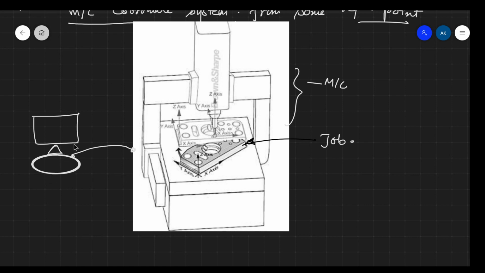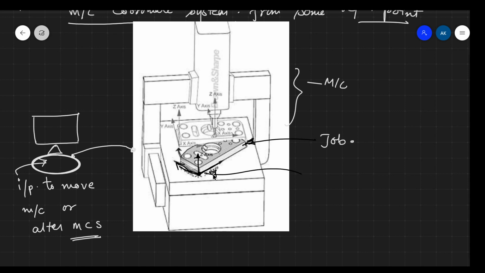So you can move this machine by giving inputs to this, inputs to move or alter the machine coordinate system. And you can see there is a coordinate system fixed into this. So this coordinate system is called the part coordinate system.